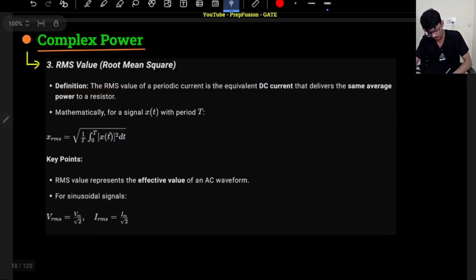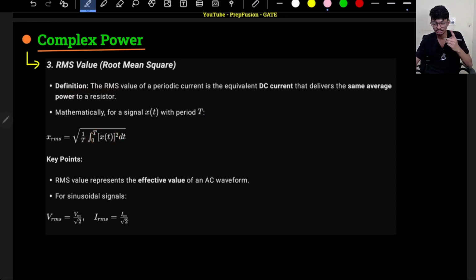Basically, what we do, we first square. So what is your first task? You have been given a waveform or a function. If you want to find the RMS value of that function, your first task will be to square it, then take the mean of it.